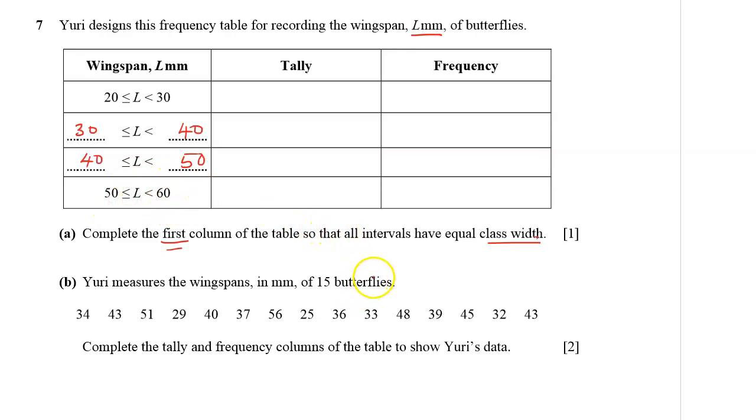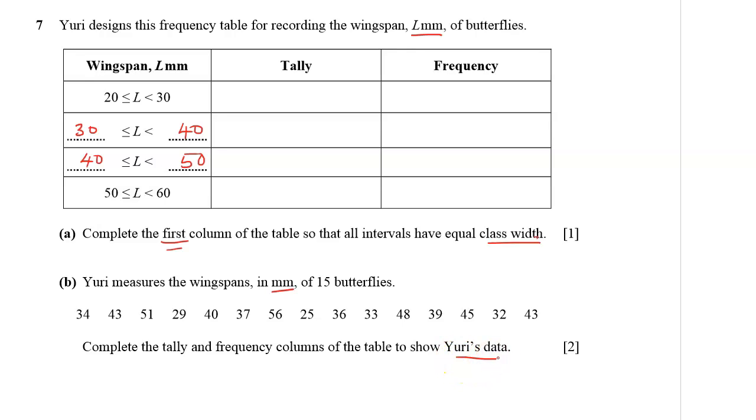That's done. Part B. Yuri measures the wingspan in millimeters of 15 butterflies. Complete the tally and frequency columns of the table to show Yuri's data.